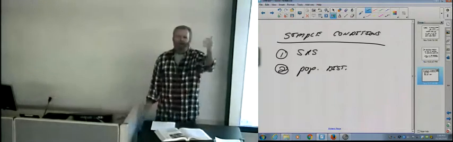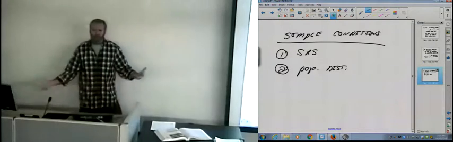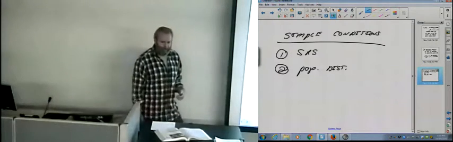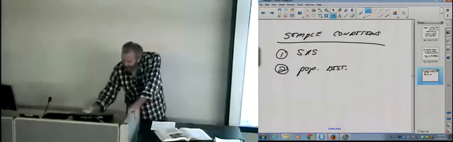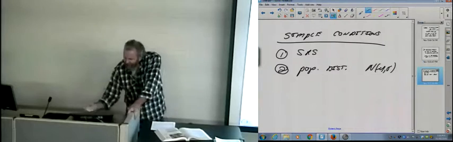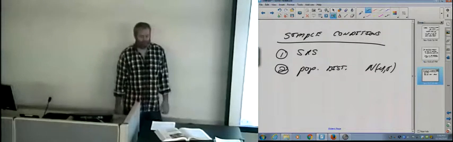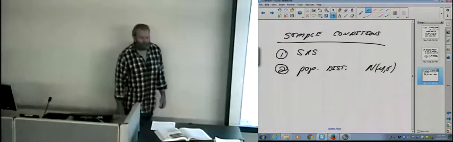You know, the variable, the values of the variable among all the individuals in your population, where you're looking at one at a time, the population distribution. We have a couple of requirements on it. It needs to be normal. It has to have a mean, and it has to have a standard deviation. These are simple conditions. These are to get us started.